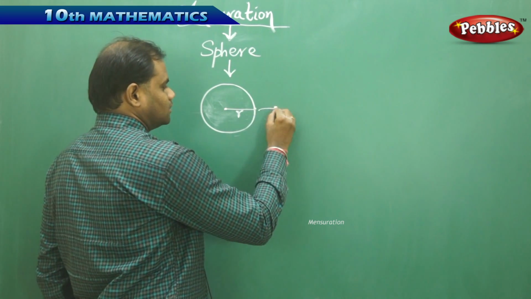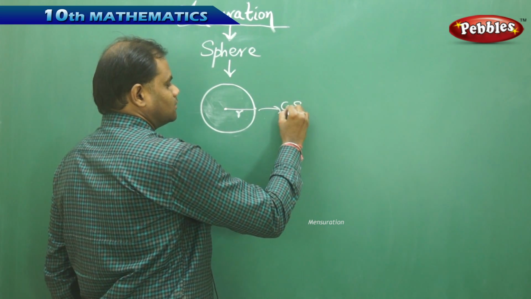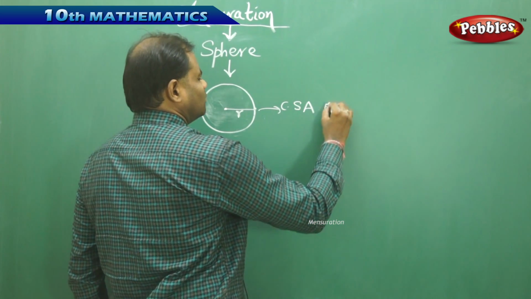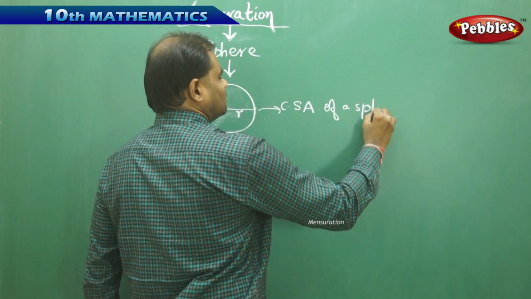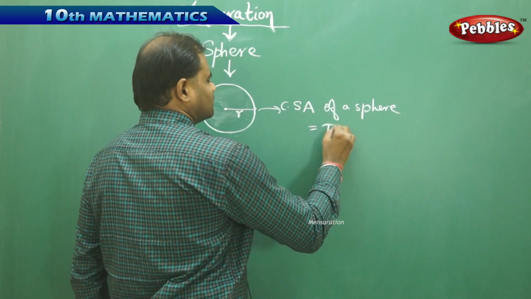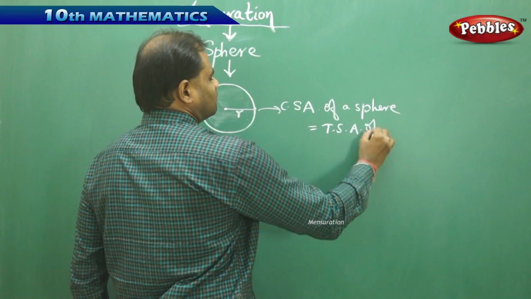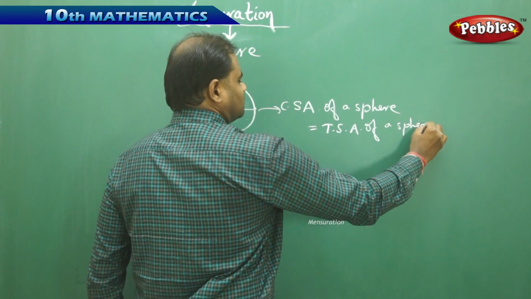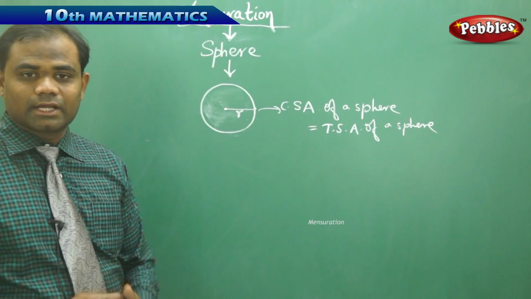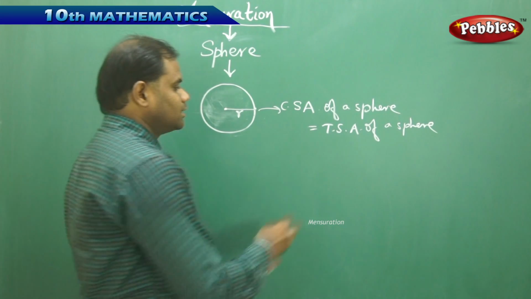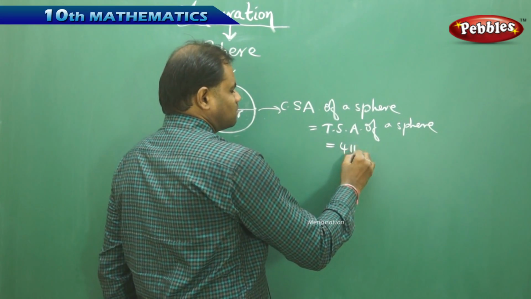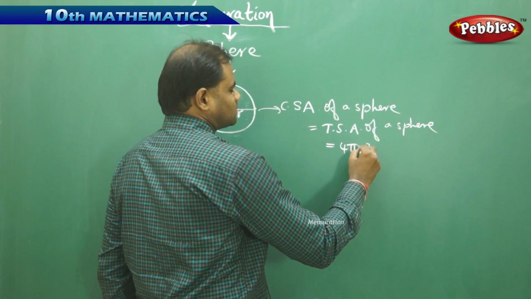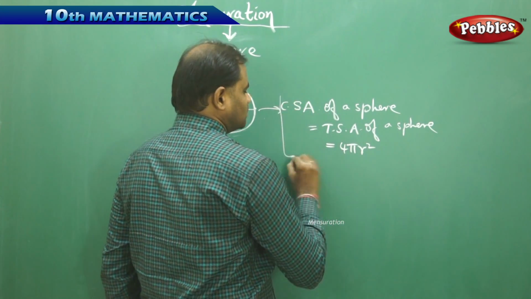Then the curved surface area of a sphere is nothing but the total surface area of a sphere. So both the curved surface and total surface are equal, and that is equal to 4 pi r square, is what we get as the formula.